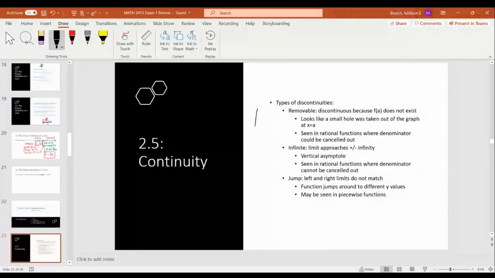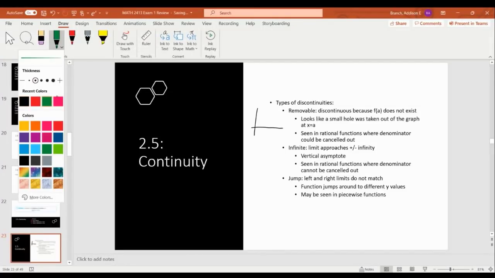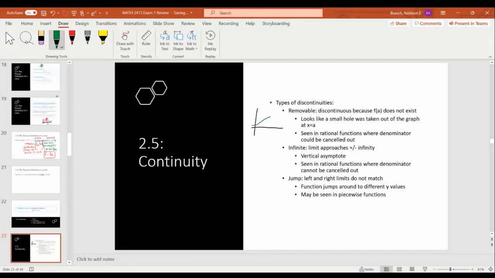is if we have a function with a very small hole cut out of it.